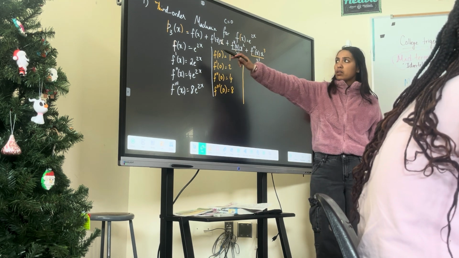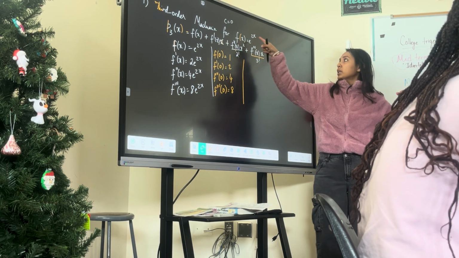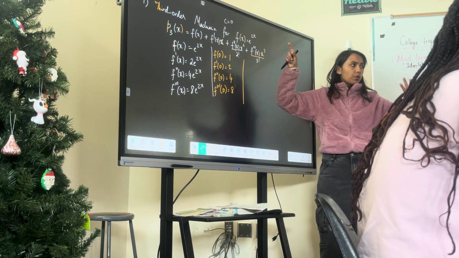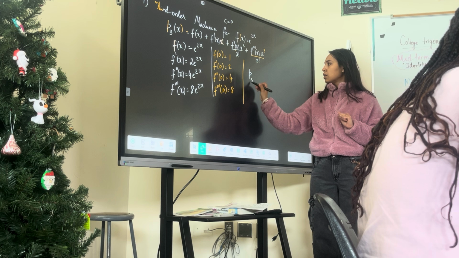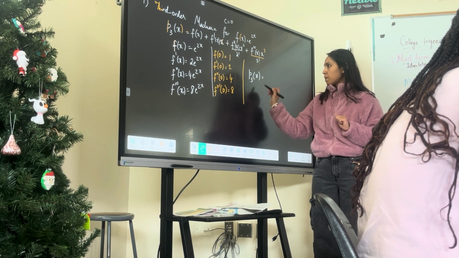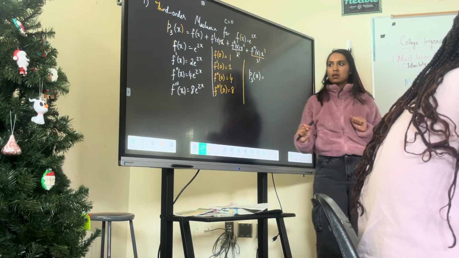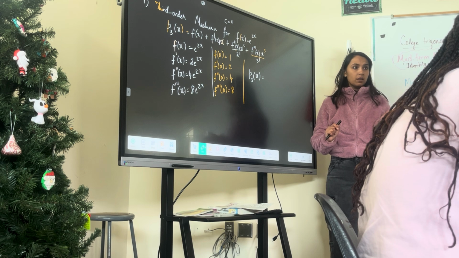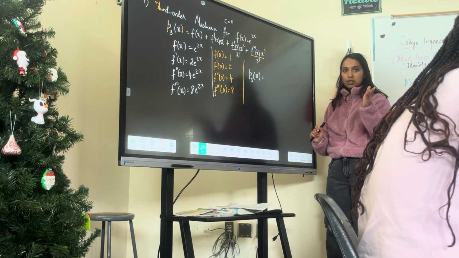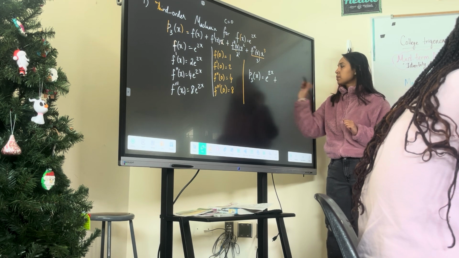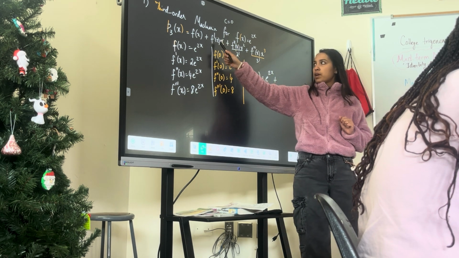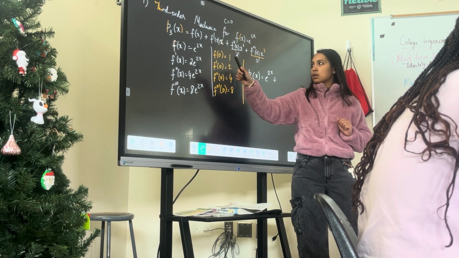Okay, now the expansion for e to the 2x, for third order polynomial expansion, is going to be f of x, which would be what? E to the 2x. Plus, what is f prime of x? 2e to the 2x.